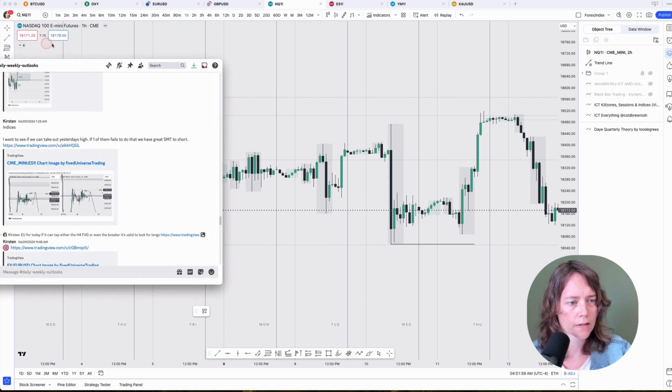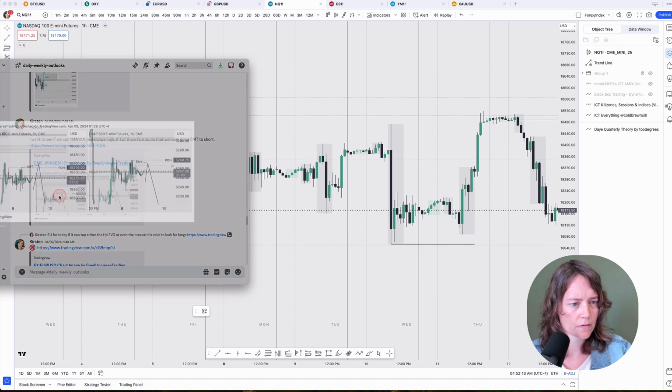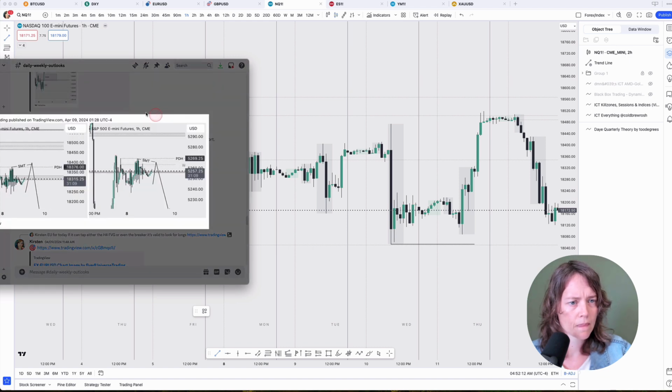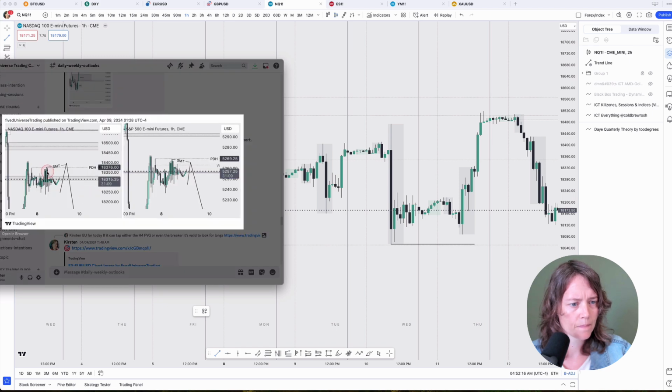Indices on the 9th of April. This was Tuesday, the 9th. I want to see if we can take out yesterday's high. Here you can see it. I want to see if we can take out yesterday's high with divergence like that.